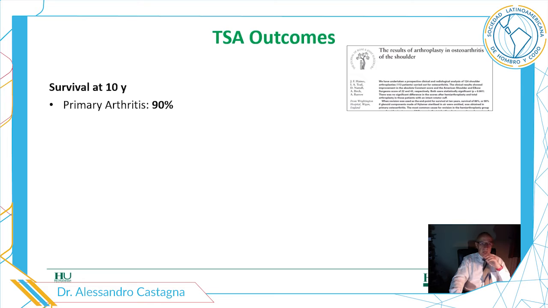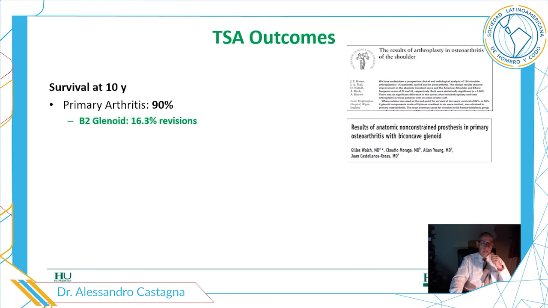When you have a primary arthritis, in this paper here, at 10 years, so quite a long follow-up, 90% of survival, a good one. But B2 glenoid, they have a relevant number of revisions. Post-traumatic arthritis, you have 33% of survival at 10 years.